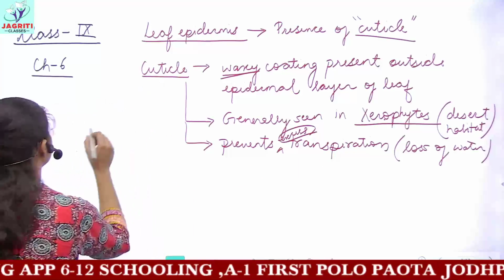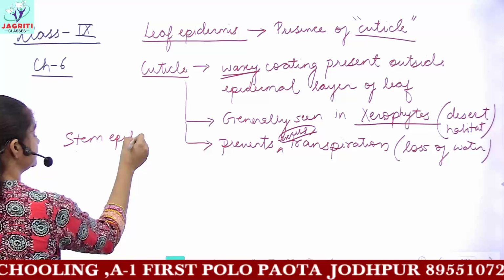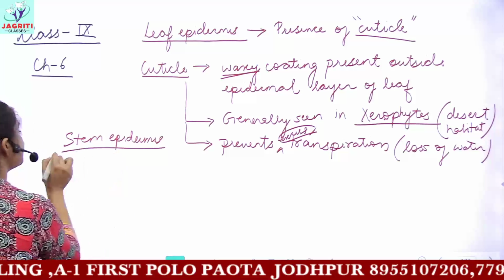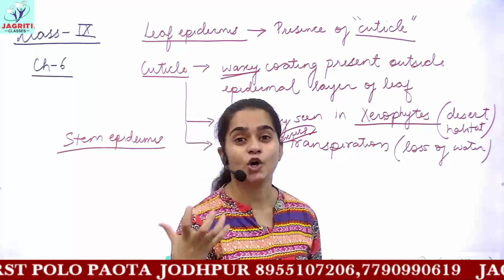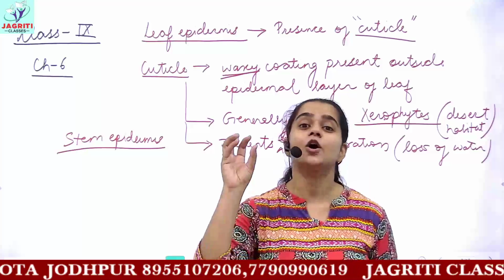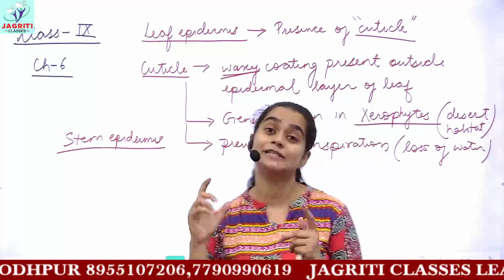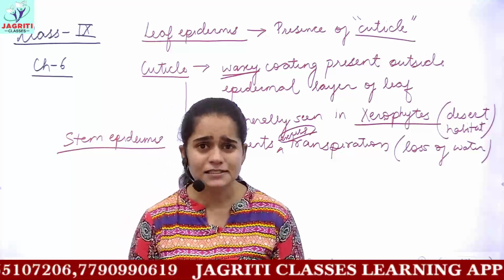Now one more term which we observe in stem epidermis. We read about stem epidermis, and then we said that when the young stem converts into a mature plant, then outside the epidermal cells, a layer of secondary meristematic tissue gets developed, and this layer divides continuously because it is meristematic.